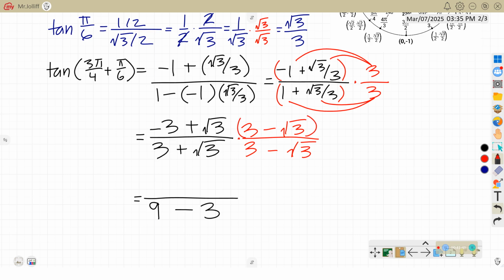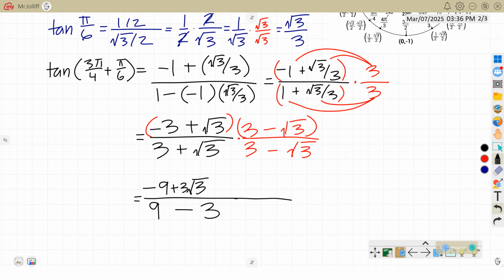On the top, remember that this is a binomial times a binomial. That's not a difference of squares pattern because of that negative sign here. So I got to FOIL this bad boy out. So first term times first term, 3 times negative 3 is negative 9. Outer, negative 3, negative root 3 becomes positive 3 root 3.